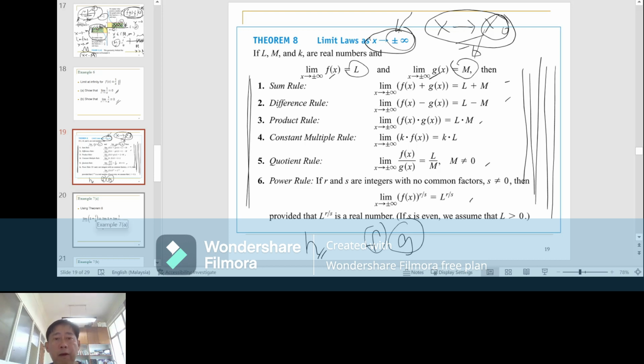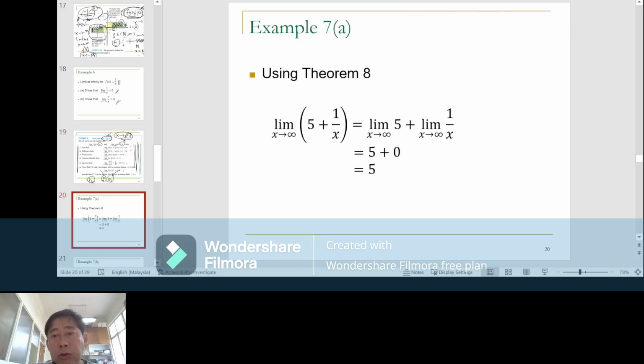The important point of theorem 8 is that we are able to obtain the limit of a new function which is comprised of two other functions whose limits are known. Okay, so say for example, you know the limit of 1/x when x tends toward plus or minus infinity. You know it exists and this is 0.